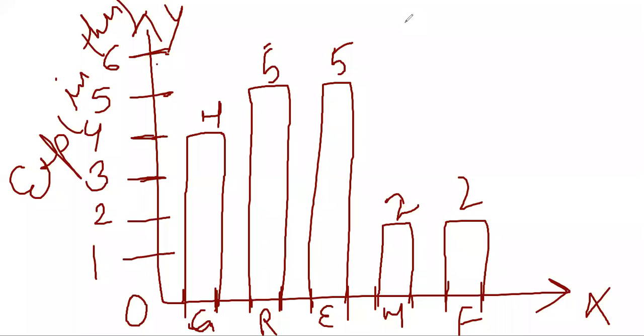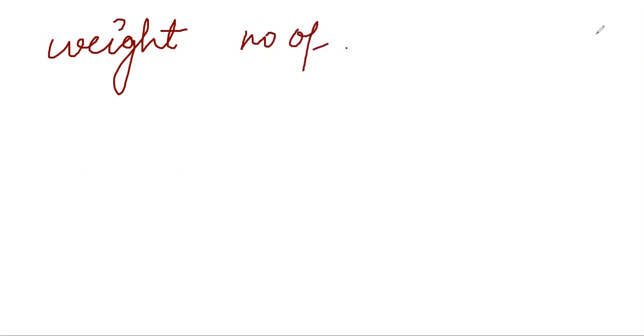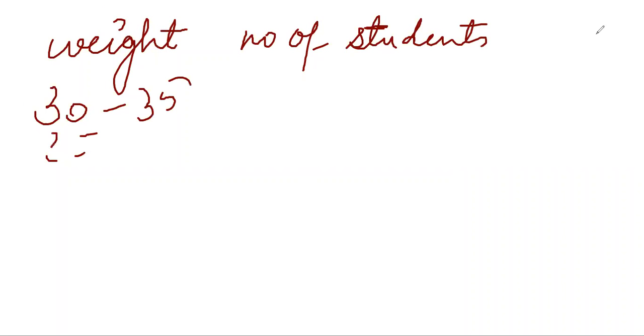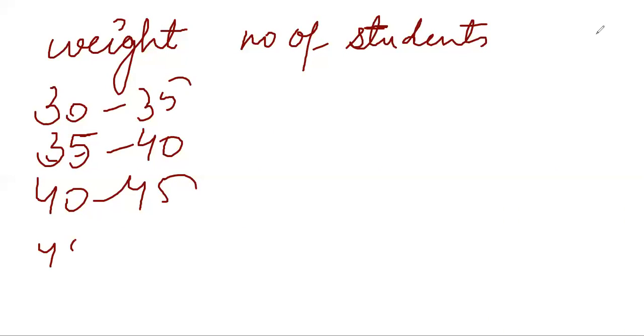Next we'll make the histogram, and let's take one example of when we make the histogram. Suppose we have been given weight as group data and frequency as number of students. Weight is given like 30 to 35, 35 to 40, 40 to 45, 45 to 50, 50 to 55.